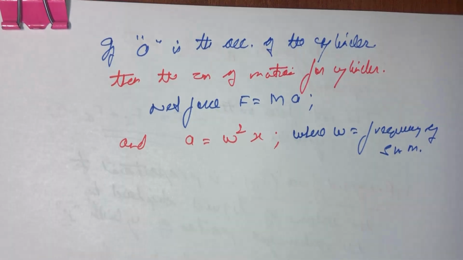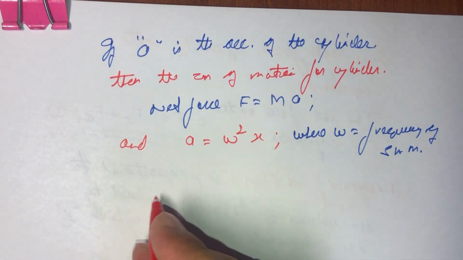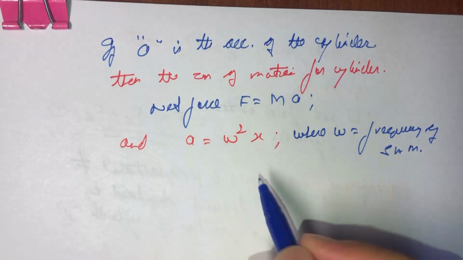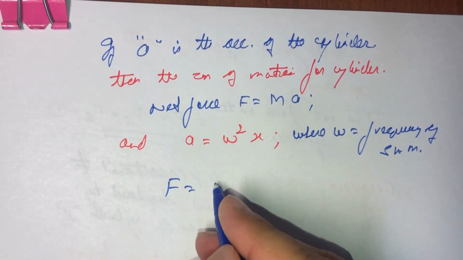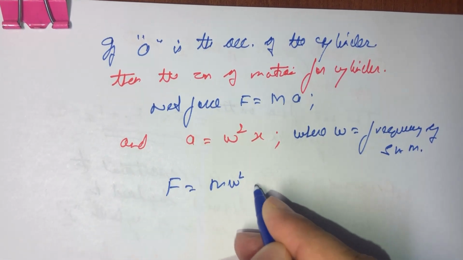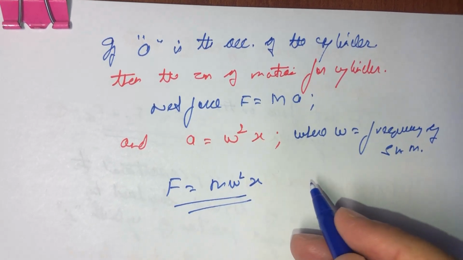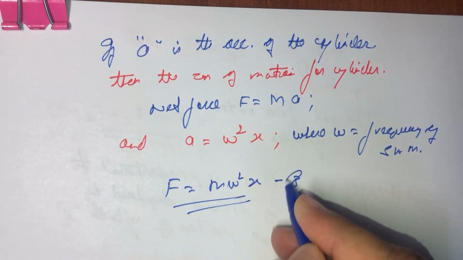Therefore, substituting value, we get that F is equal to m omega square times x, and let us call this equation number 3.